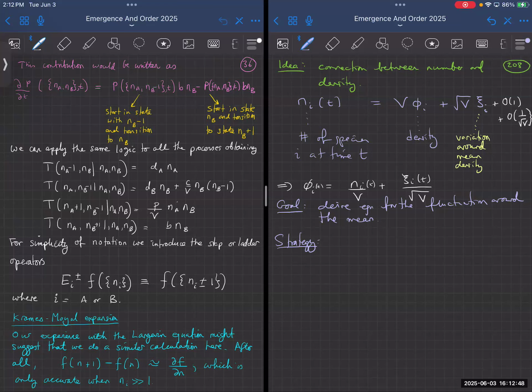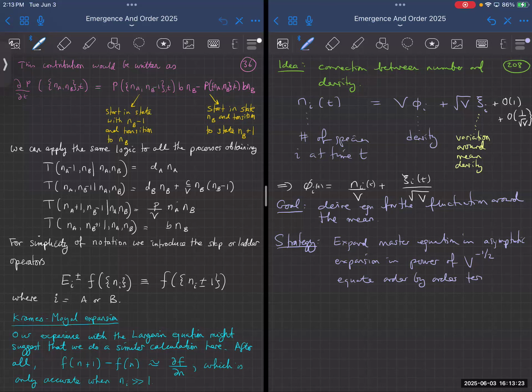So what we're going to do is expand the master equation in an asymptotic expansion in powers of square root of v. And then equate order by order the terms in powers of v.